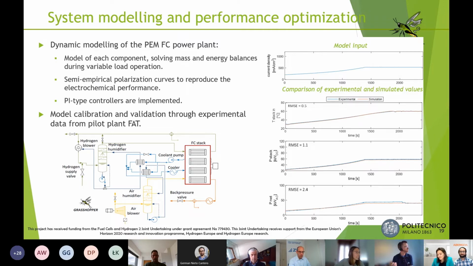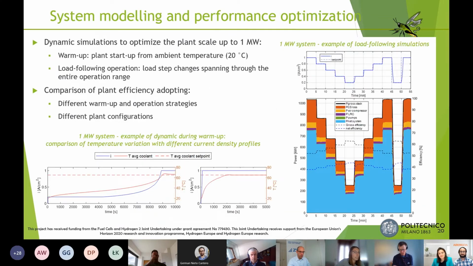And in the next slide, you can see another application of the model. That is the optimization of the design and operation strategy of a 1 megawatt system, so in the perspective of scaling up the system for commercialization. The model was used to simulate the plant warm-up and load following operation.